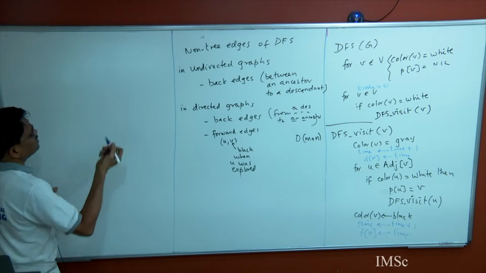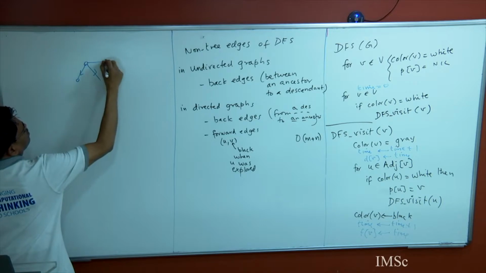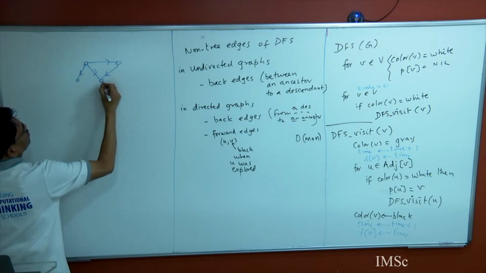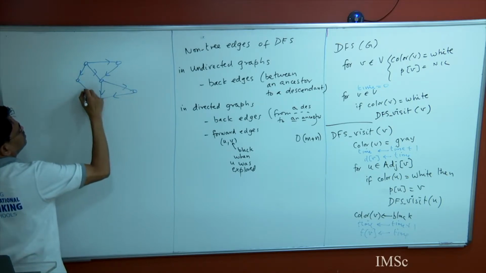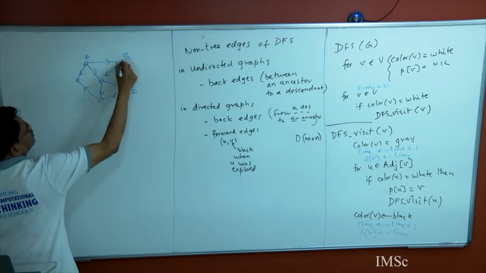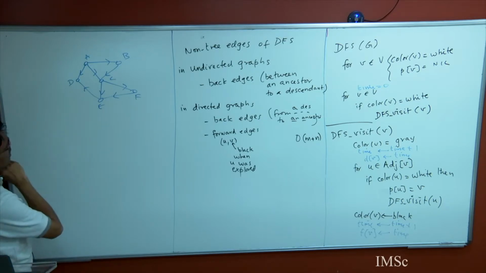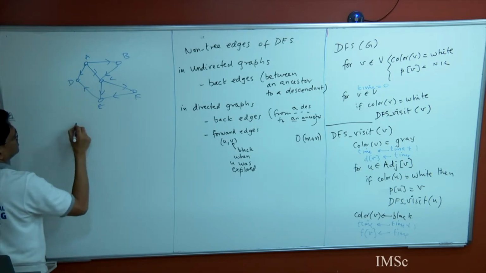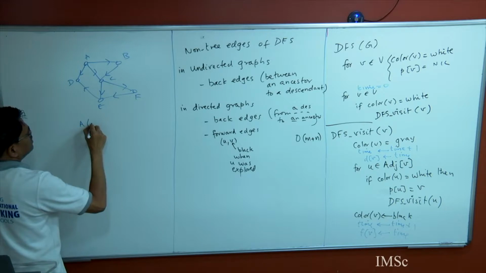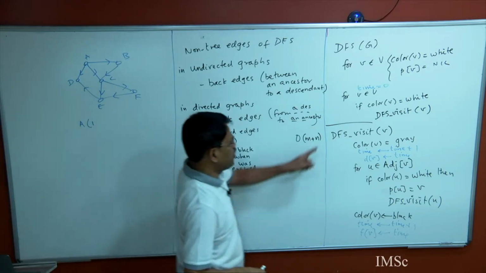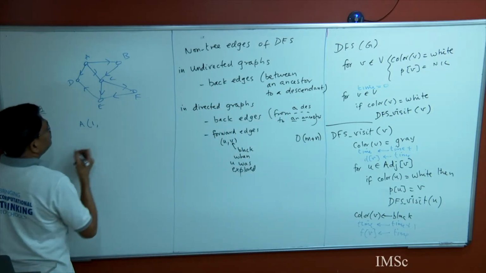Let's just pick some graph. Let's say A, B. It's a directed graph, so let's start my DFS at A. Then A is discovered at timestamp 1, because this would make time 1, and the discover time of V, which is A, is 1.